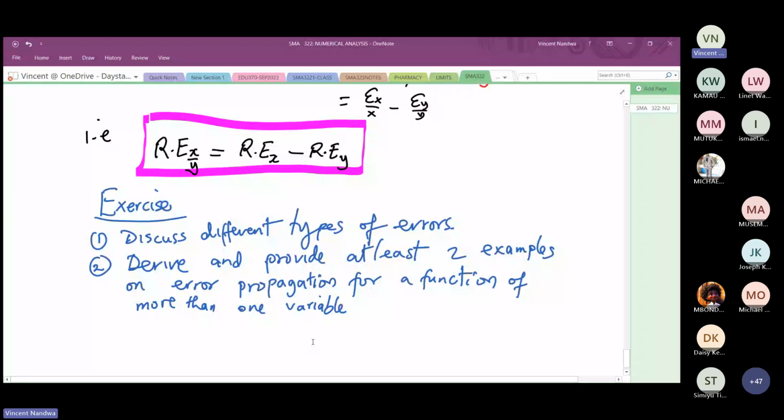So those are the only two assignments, two exercises I want you to work on.